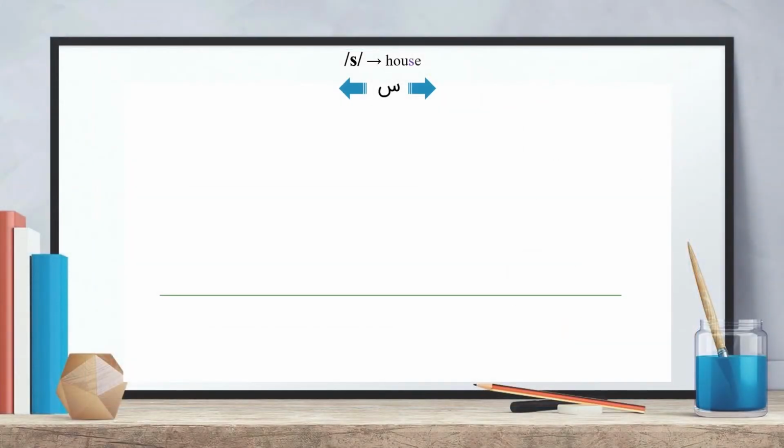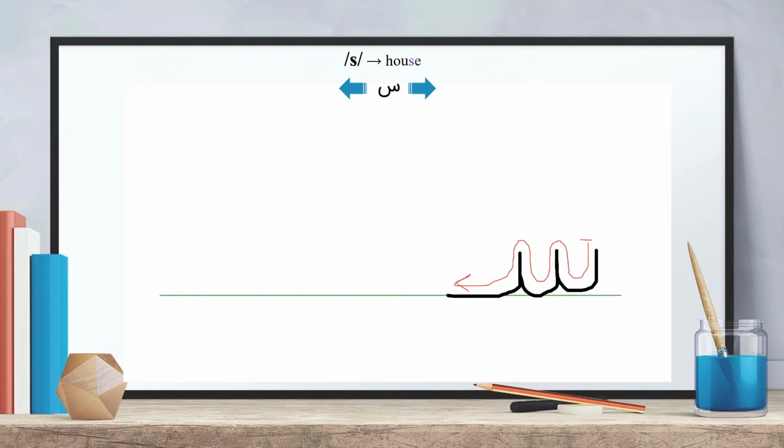The next consonant is se, like the English word house. We write se with 3 teeth, with 3 jacks. So we start from top to bottom, then we make a half circle, then we go upward, we go downward, we go upward, downward, and then to the left. We extend it shortly. So this is when se is written in the beginning or in the middle of a word.